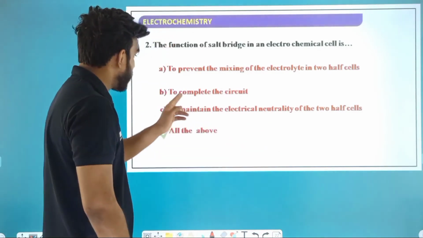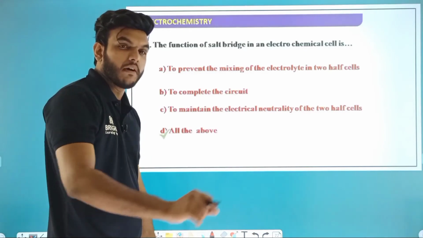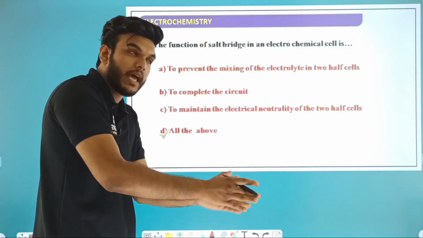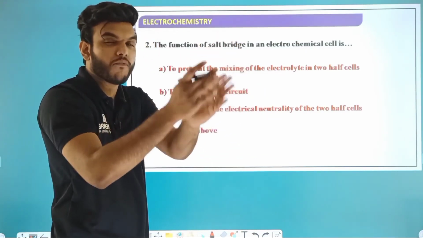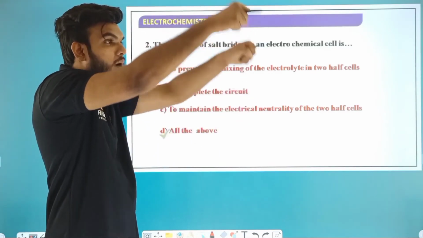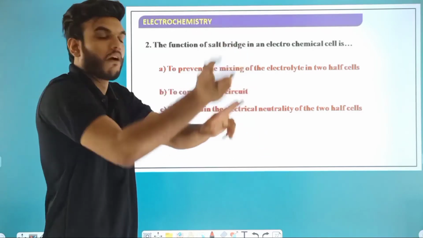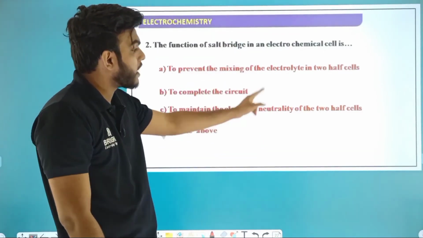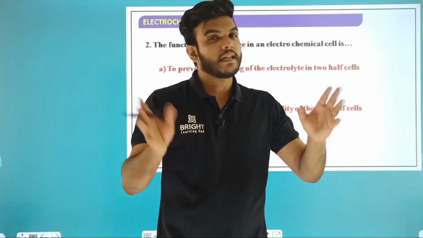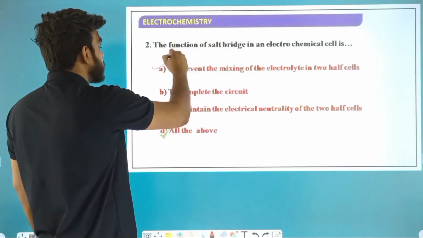That's right. And to complete the circuit, that is, to carry the electrons from anode to cathode, it is a bridge itself for the transportation, and to maintain the electrical neutrality of the two half cells. That is also right. You have to study these 3 points.